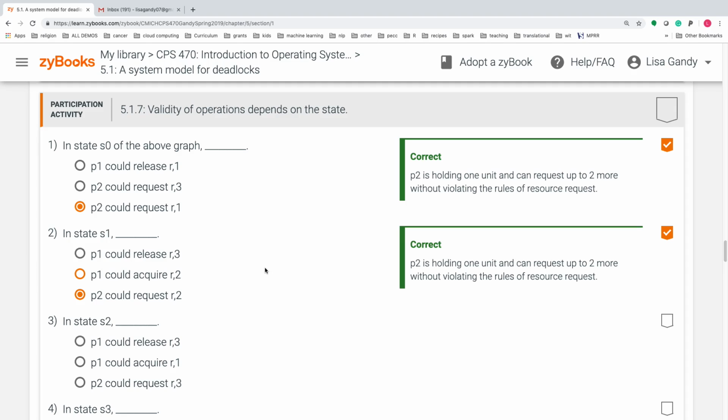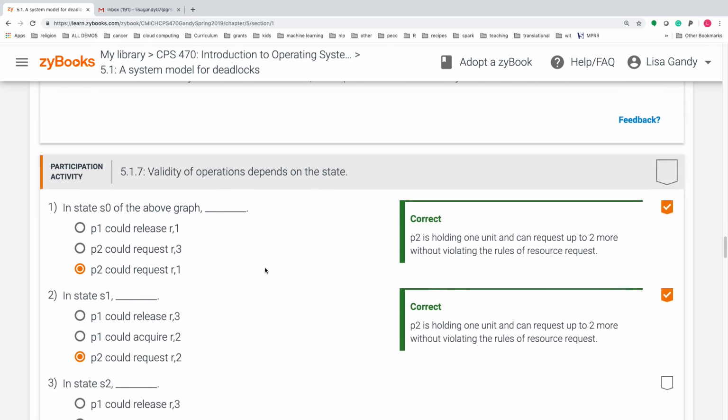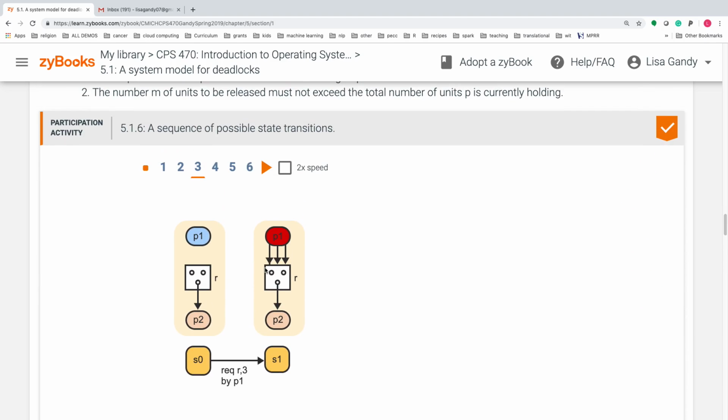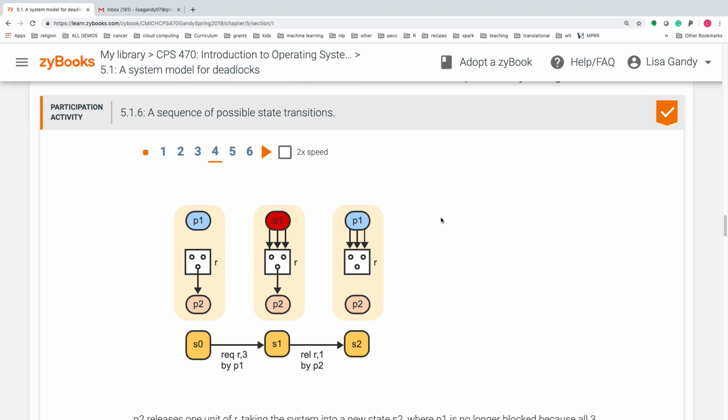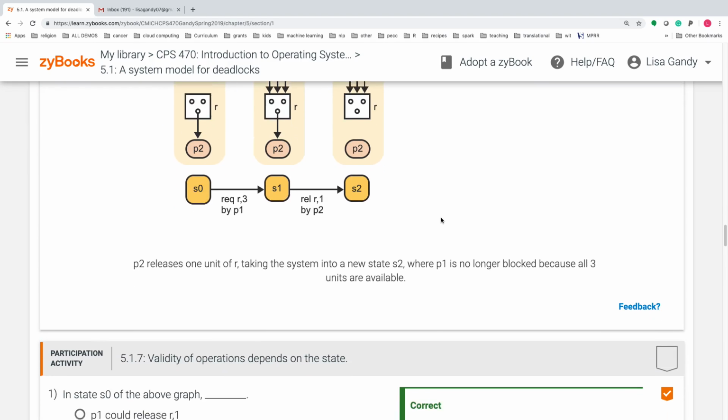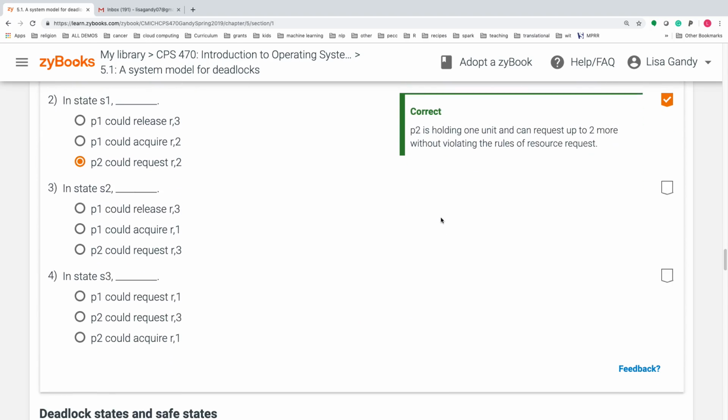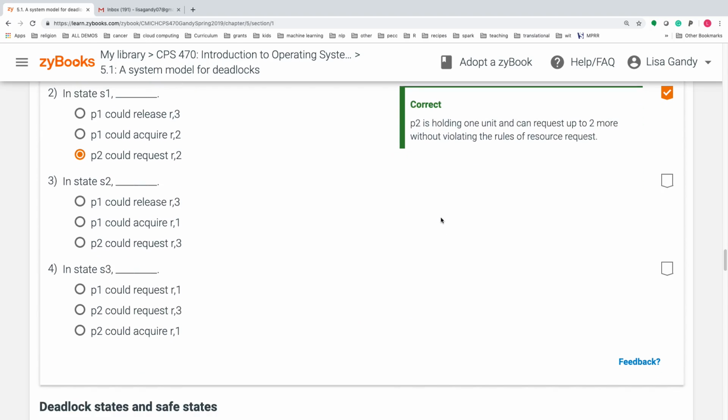Okay, state 2. Let's go to state 2. So P1 is asking for all 3 units. P1 could release. No, it doesn't have them yet. Could it acquire one? P1 could acquire.